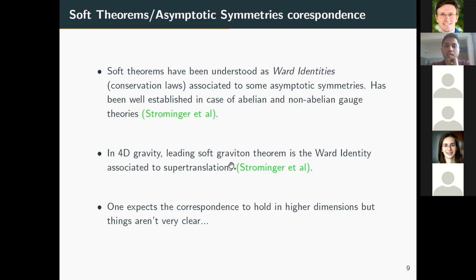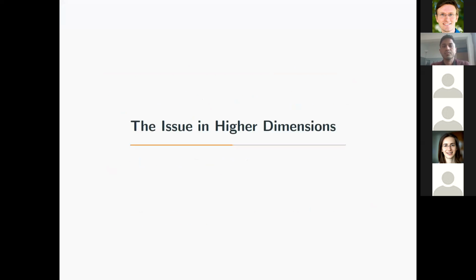And in 4D gravity especially, the leading soft graviton theorem is the Ward identity associated to supertranslations in 4 dimensions. One expects that a similar correspondence should hold in higher dimensions as well, because there are soft graviton theorems in higher dimensions. But it is not very clear how this works because of the following reason.